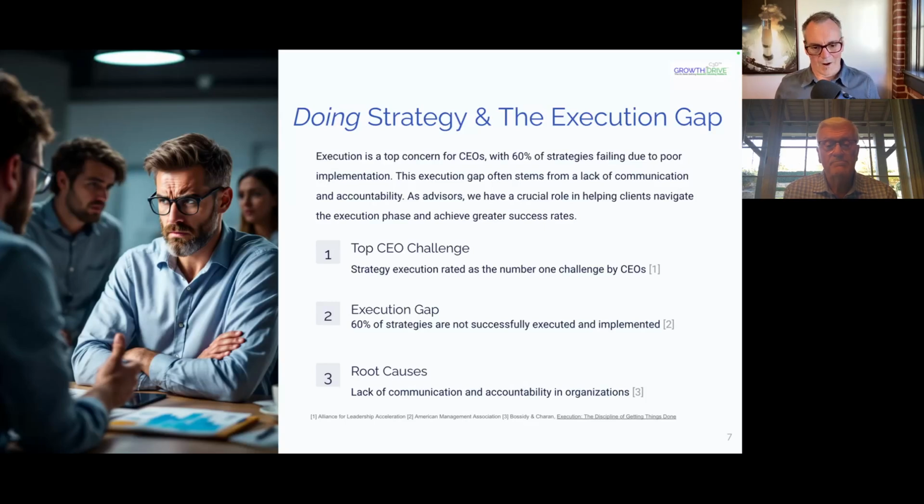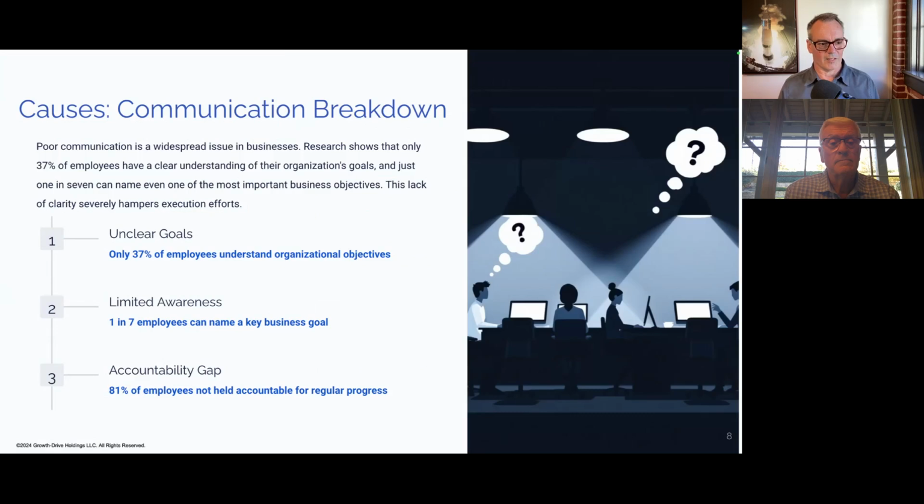So why is there an execution gap? What is the execution gap? We'll get into that right now. The root causes are lack of communication and accountability, right? Transparency, and being collaboratively accountable to moving the business forward. So let's start with the communication breakdown. This links directly to planning.